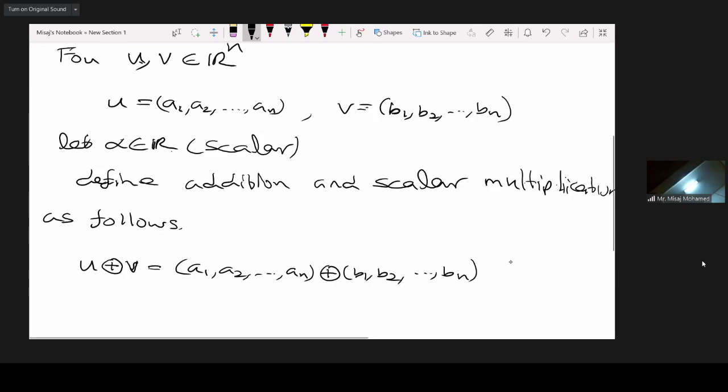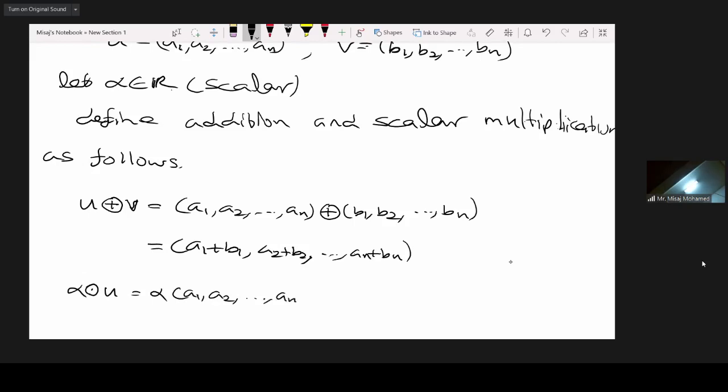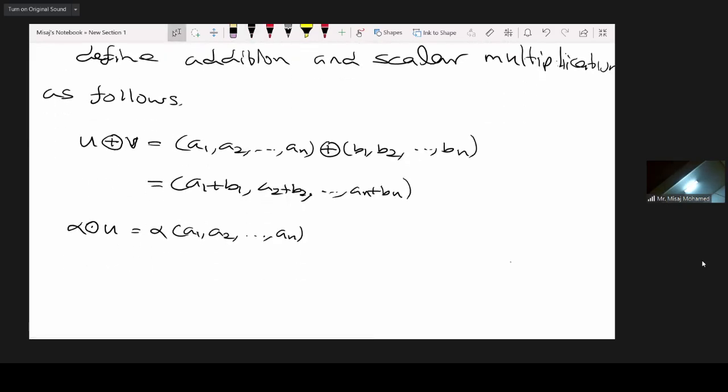So addition is defined component-wise: a1 plus b1, and so on. Scalar multiplication is defined like this: alpha times (a1, a2, ..., an) equals (alpha a1, alpha a2, ..., alpha an).